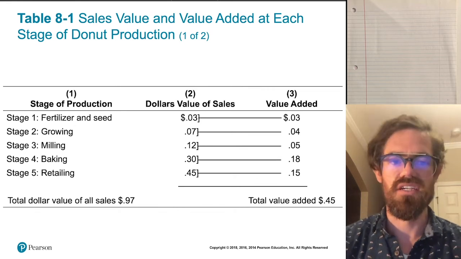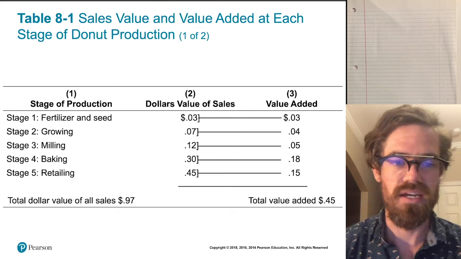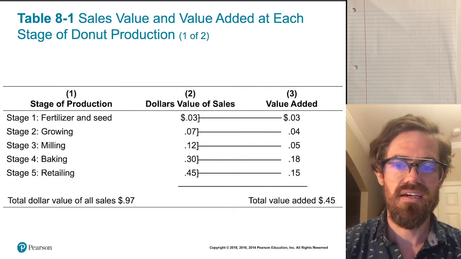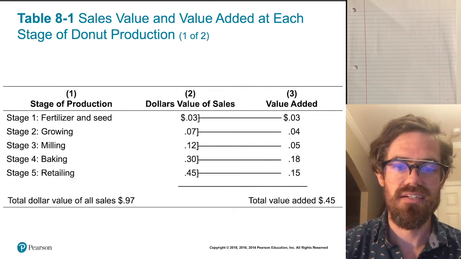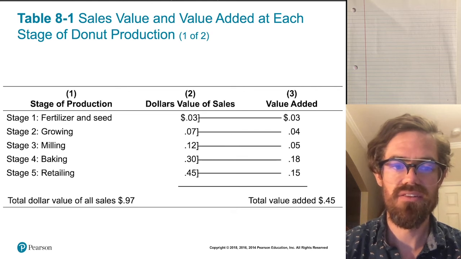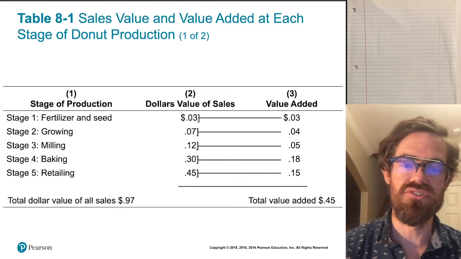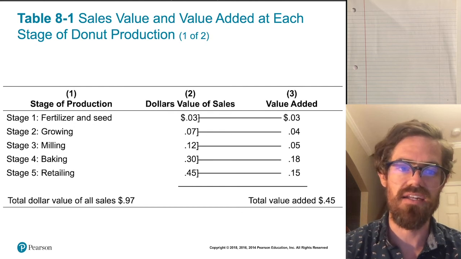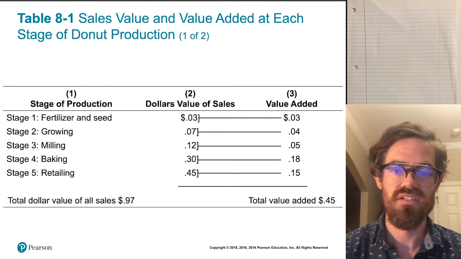The next stage is growing the wheat, right? So the wheat is grown and sold for 7 cents. Let me make sure I got this right. The wheat is sold for 7 cents. And the materials used in growing that wheat were the fertilizer and seed, which cost 3 cents. And so the value added in stage 2 is 4 cents.